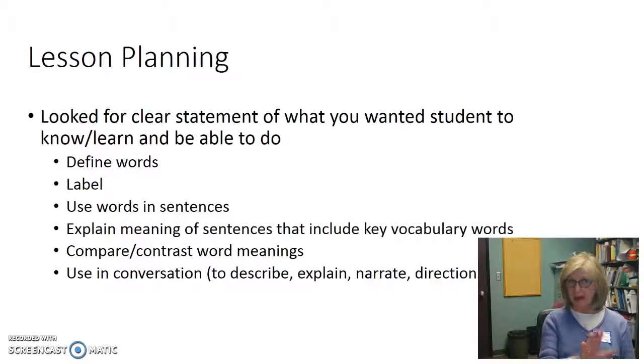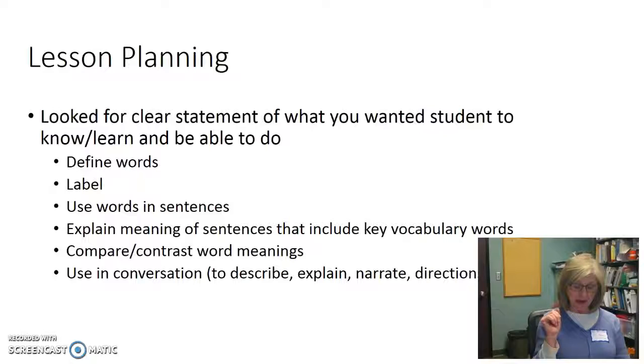So that's great, but how? There are lots of ways to define words. First of all, you can define a word by giving examples. You can define a word by having students tell you an antonym or a synonym. You can have them define the word by explaining what it means.